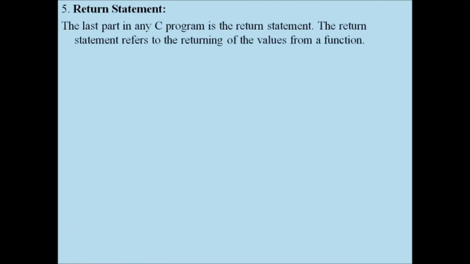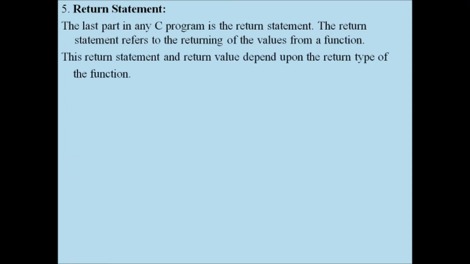And next component is return statement. So return statement is going to be given while the main function is having any data type as a return type. In case if the main is declared as void, then it does not need the return type. Okay, so based on the main function we are going to give the return type.